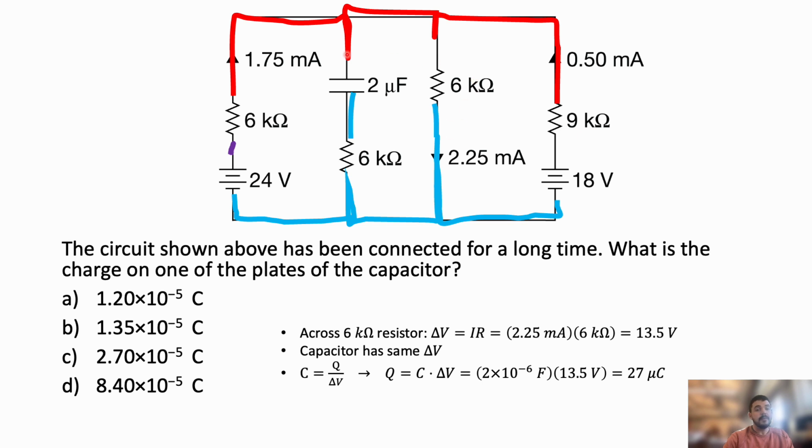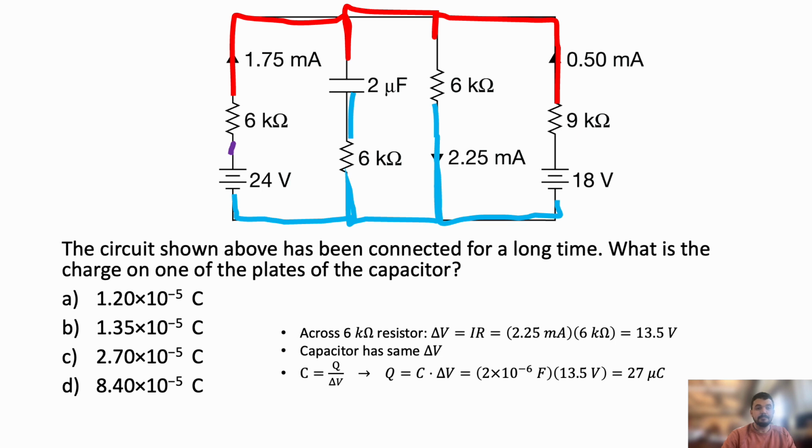But oh look, the capacitor in question also has the same difference between red and blue. And so again, using our definition of capacitance, we take the capacitance times the potential difference, and you find the value for the charge. And that value is 27 microcoulombs. So that is option C.